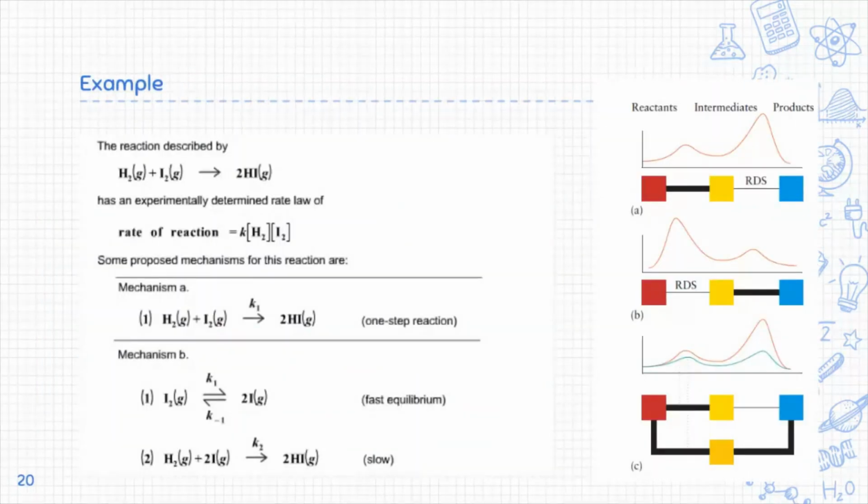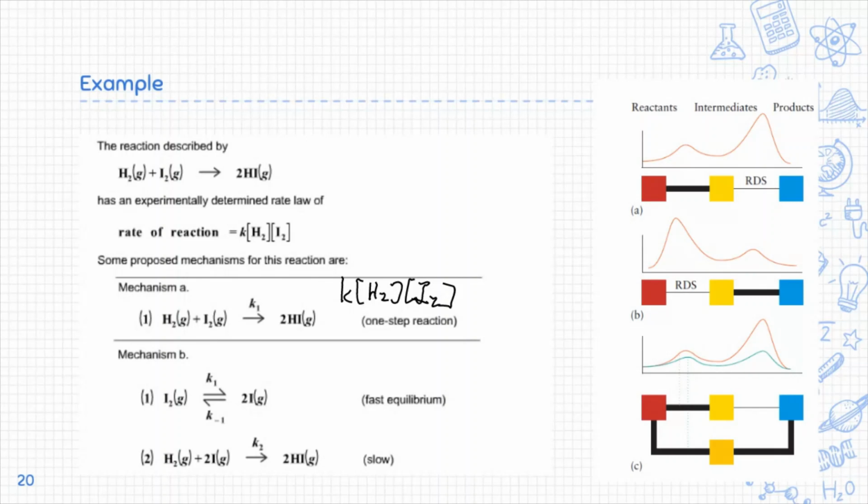All right, so 2 mechanisms are proposed here. This is an elementary reaction, so phases are disregarded. But here we get introduced to something called a fast equilibrium, or a fast reaction and a slow reaction.